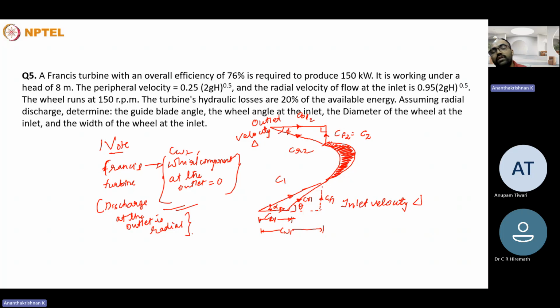The discharge at the outlet will be purely radial, and hence the whirl component will be equal to 0 at the outlet for the Francis turbine.